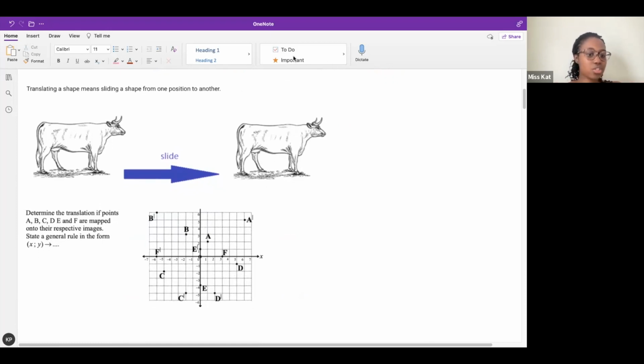So this question says, determine the translation if the points A, B, C, D, E, and F are plotted with their images, and then state the rule in the general form. Okay, before we get to the rules, we're going to talk about how to write the rules.